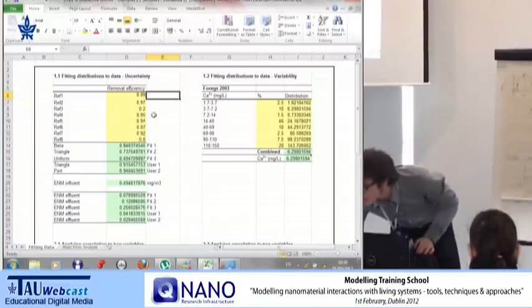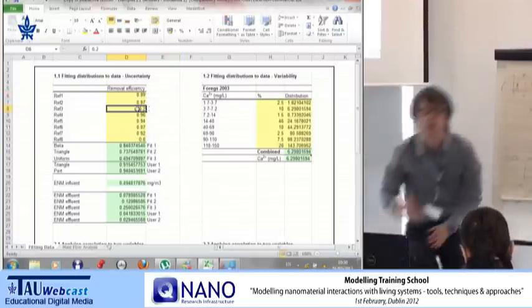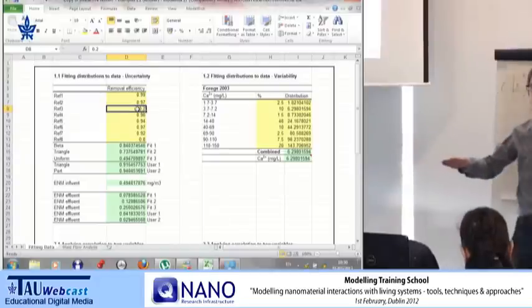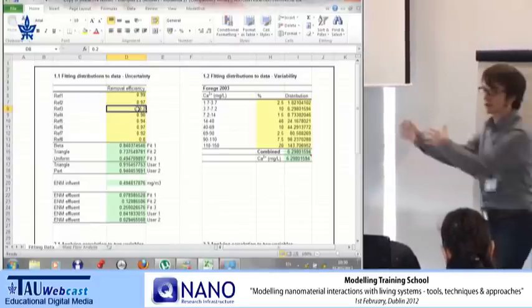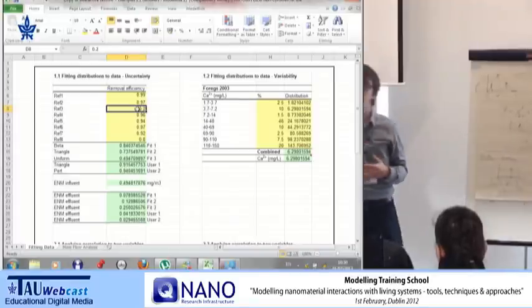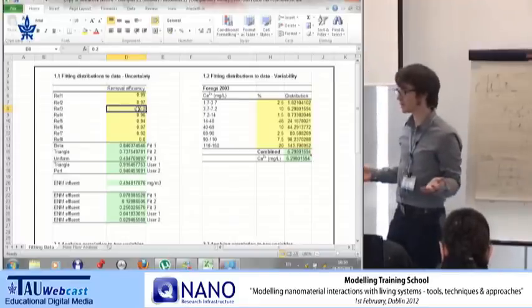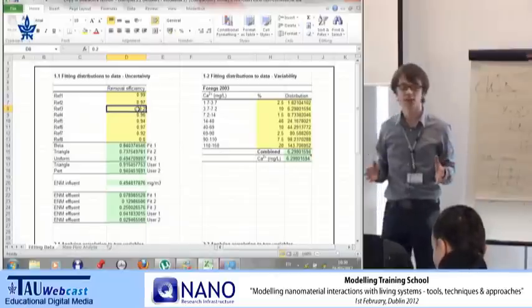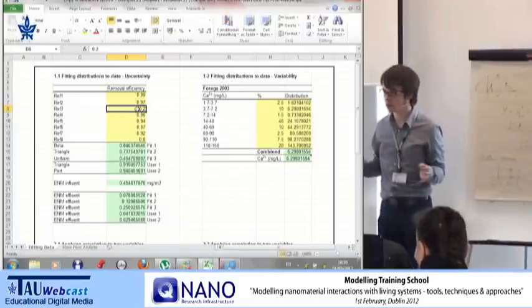If we were looking at a worst case scenario, you could just take 20% and say there's only 20% removal. The rest leaves the process somewhere else. You could take an average of them all and use one value, but why not try and represent all this data in some way?